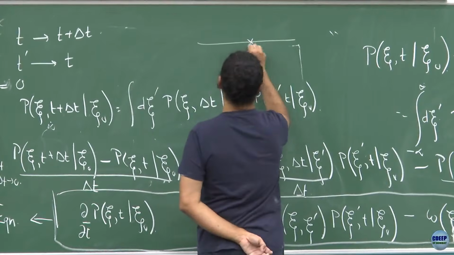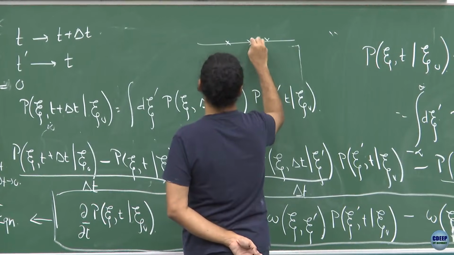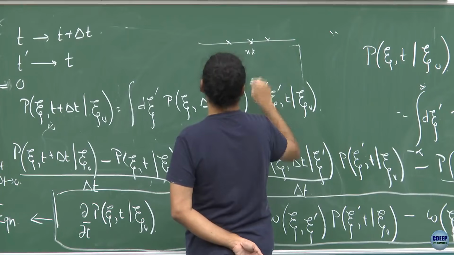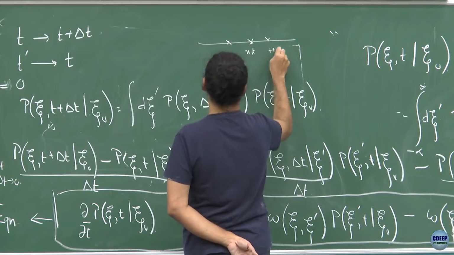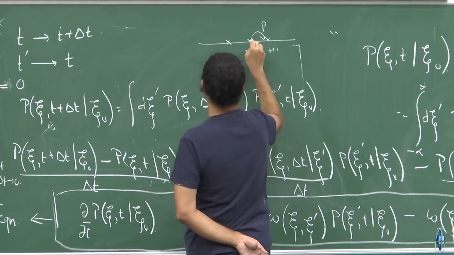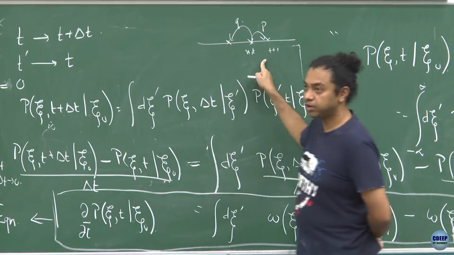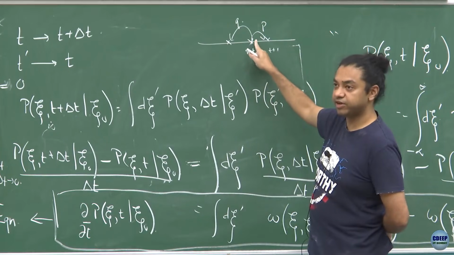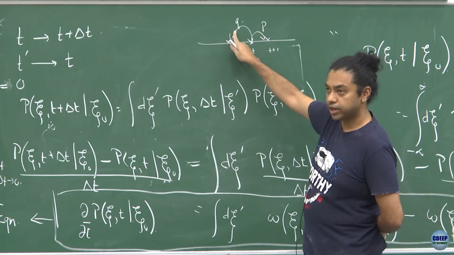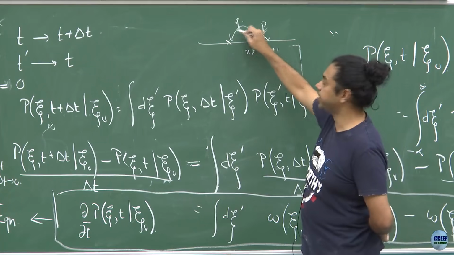If I was at some n at some time t, at time t plus 1 I could have hopped to the right with some probability p and to the left with some probability q in these unit intervals of time, which means that the transition rates for the random walk are p and q, because these are probabilities per unit time.